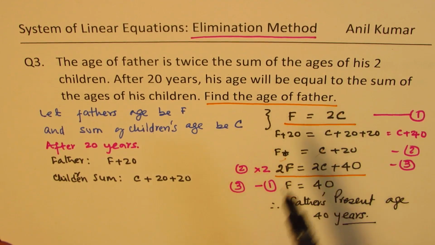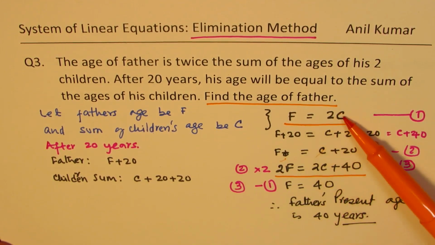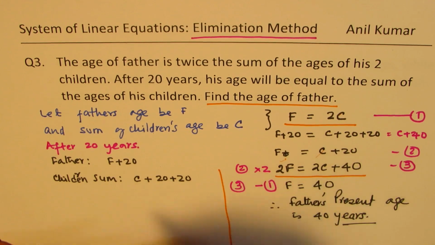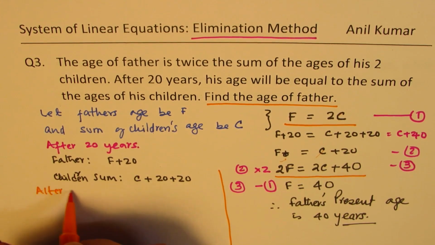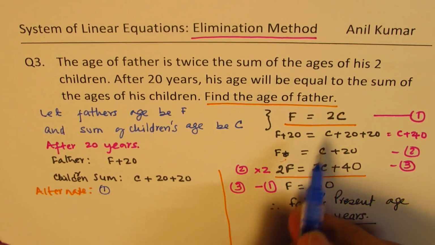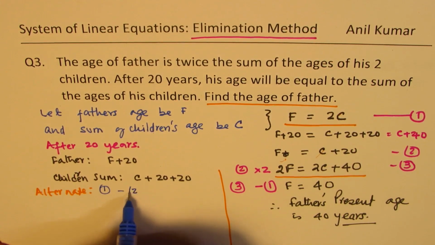Correct? Alternately, you could have found the sum of children's age first, by doing equation 1 minus equation 2. Alternately, we could have done equation 1 take away equation 2.